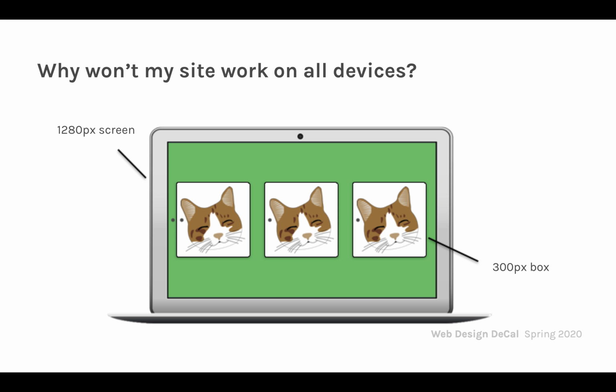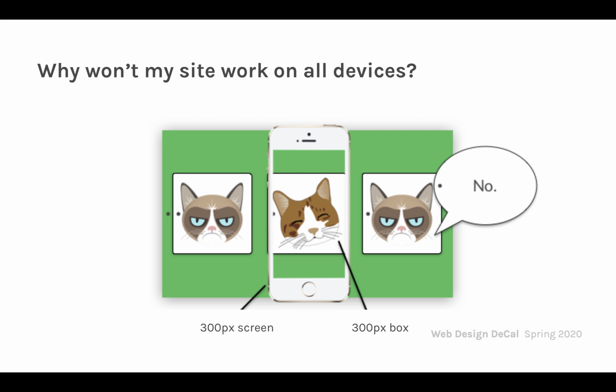So why won't my site work on all devices? Well, everyone has a different screen resolution. We'll get into this later, but as you can see here, this is an example of a 1280 pixel screen, and on top overlaid is a 300 pixel box. However, your phone only has so much space.